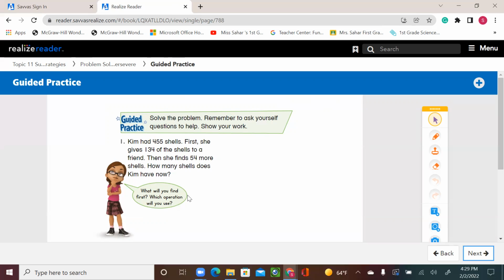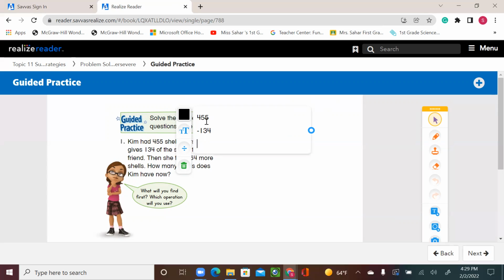So first, I know that she has 455, but she gave away 134. So that would be the first part that I'm going to do, that I take away 134. Why? Because that's what she gave away to her friend. So let's write this down. 455 minus what she gave to her friend, 134.